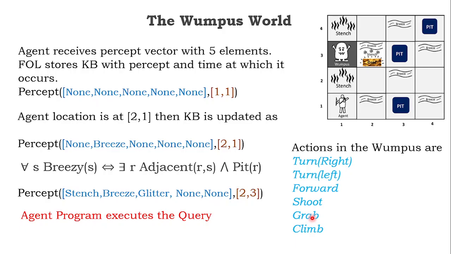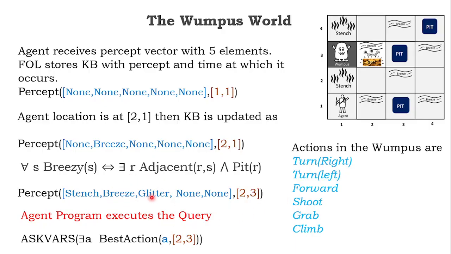Now I am asking, the agent program executes the query. Ask the variable: who is A? A is an action. There exists A such that A is the best action at 2,3. Who is the best action we have?